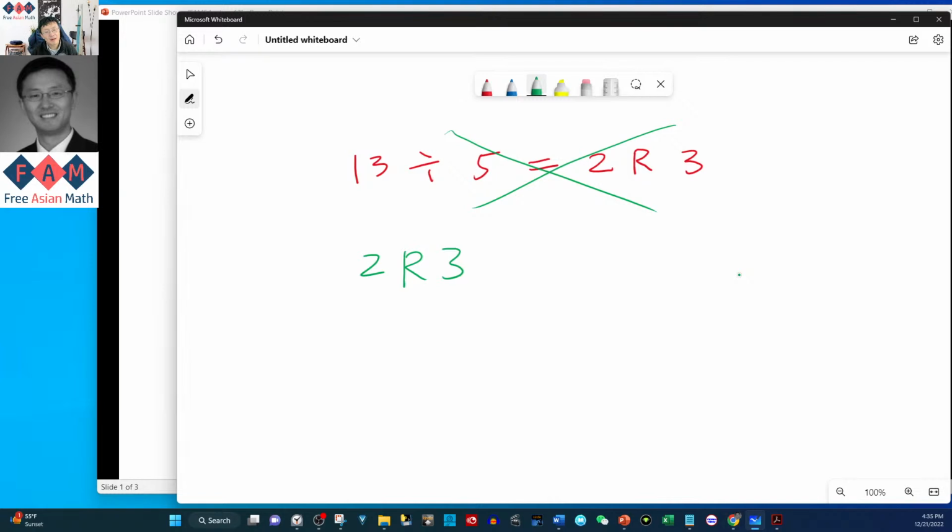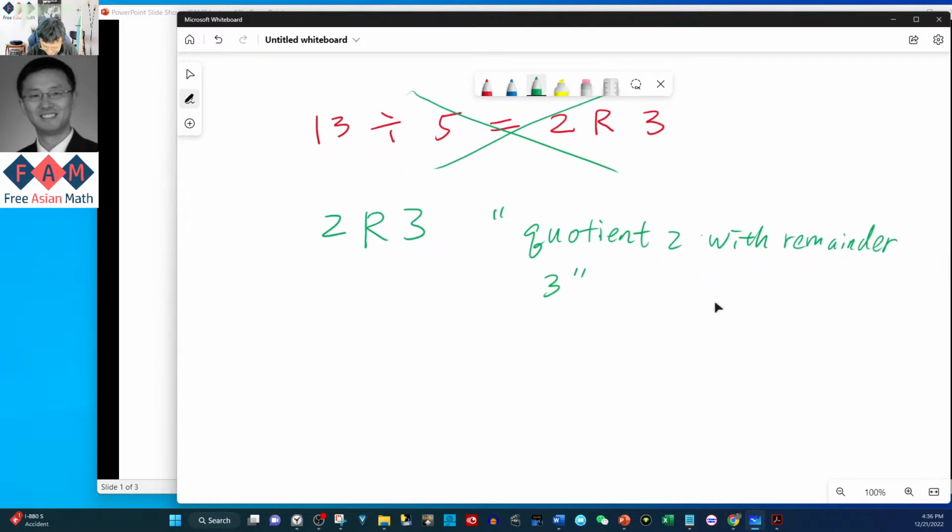What does this mean? Well, if it means something like quotient 2 with remainder 3, is this something well defined? Quotient 2 with remainder 3. What exactly is that? We can easily come up with another thing to get this.